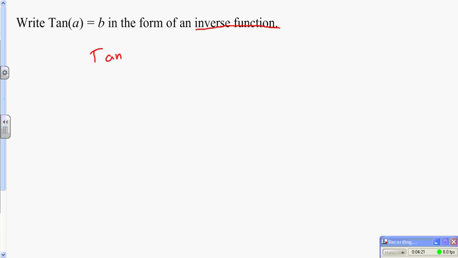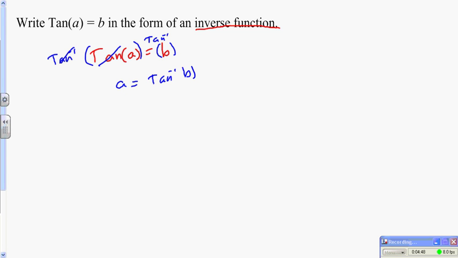Now, if you remember from earlier, if we do tan inverse, the tans cross out, we get A equal to tan inverse of B. Or we said that that is equivalent to arctan of B. Both are acceptable notations.